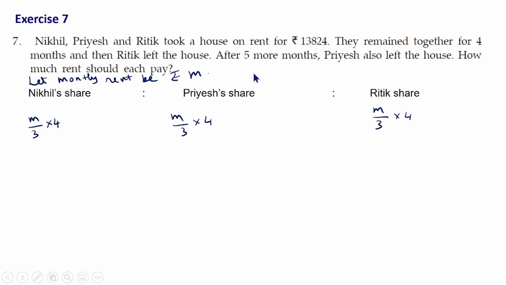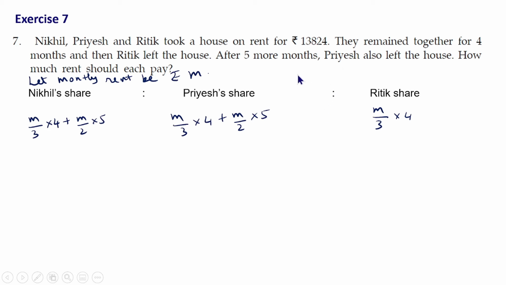Then after 5 more months Priyesh also left. So for the next 5 months the rent has to be shared between Priyesh and Nikhil. So here plus M by 2 into 5 and here plus M by 2 into 5.